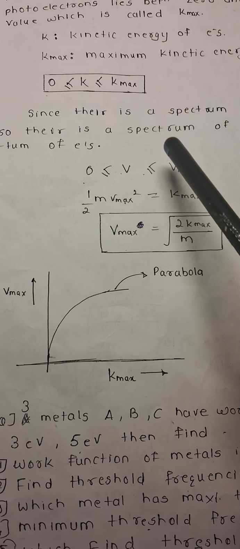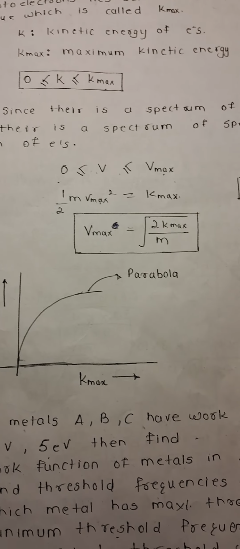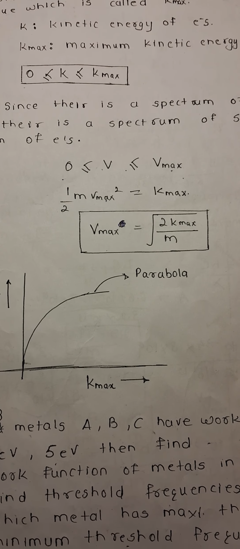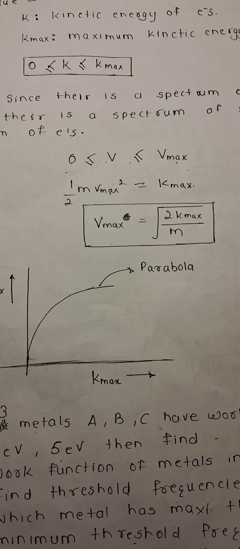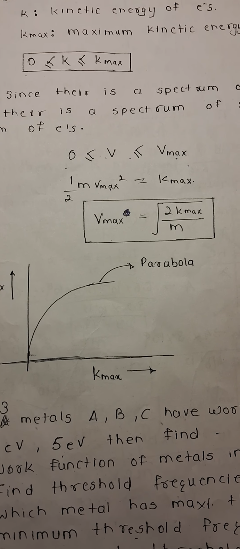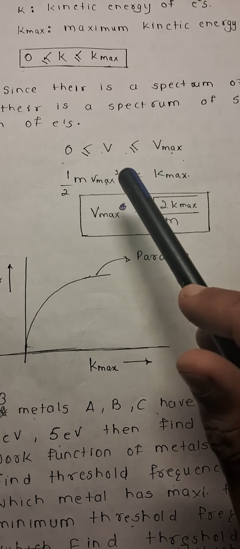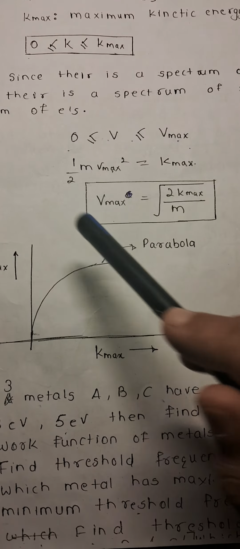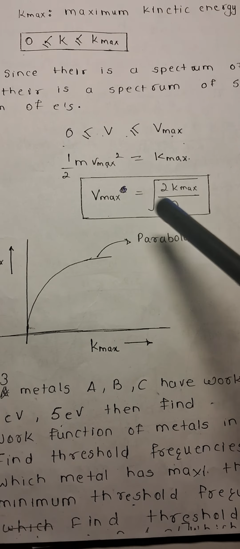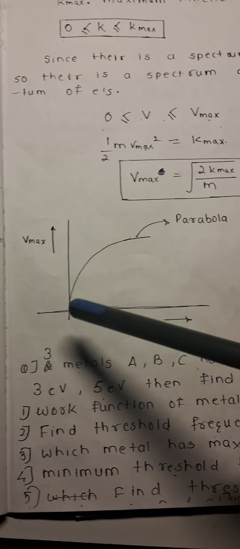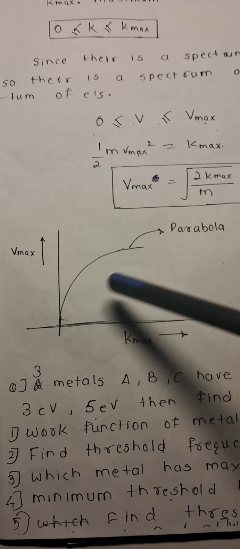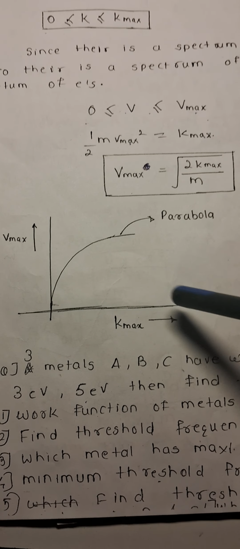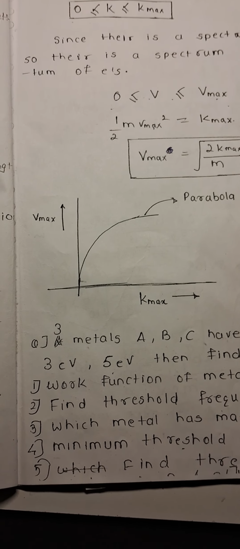Kmax corresponds to that electron which does not involve any collision with the electrons present in the crystal. So Kmax can be calculated as half m v max square is equal to Kmax. From here we get the expression for Vmax. If we draw the graph between Vmax and Kmax, it will be a parabolic graph.